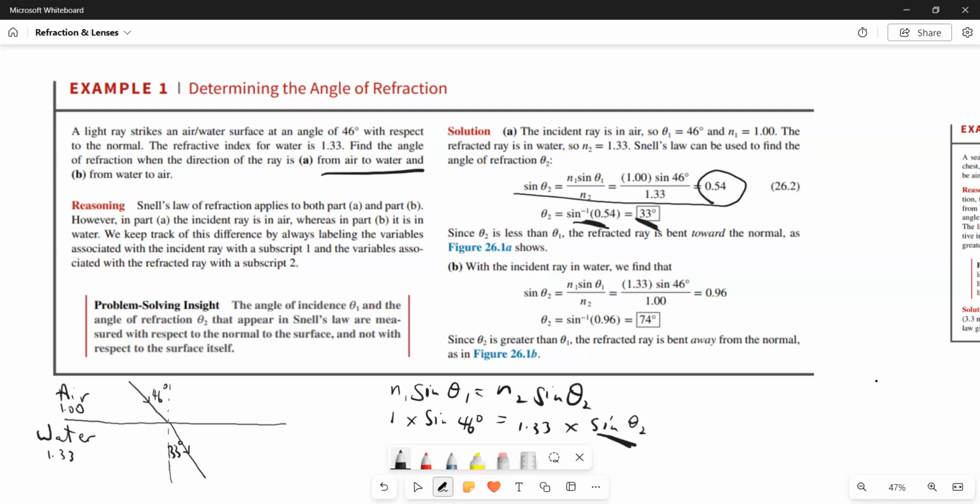There's going to be a little bending of the light ray there, a deviation from its original angle from the normal. And of course, the other part: if you're going from water to air now, in other words, now this is your water surface, this is your normal.